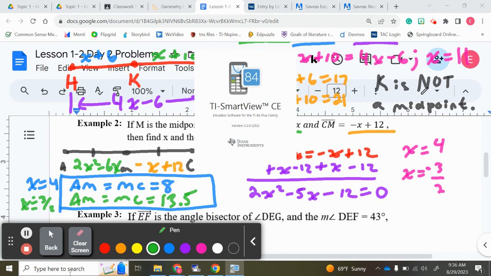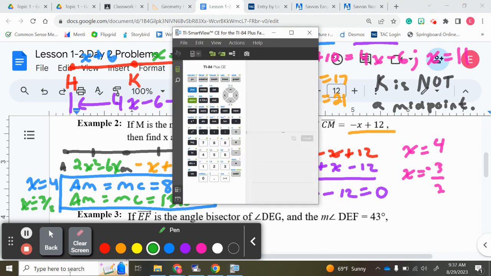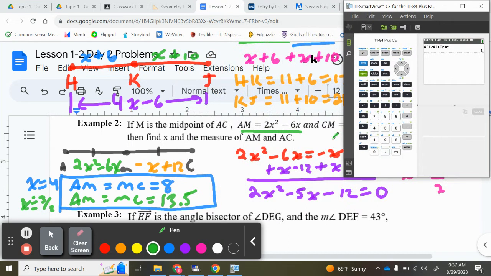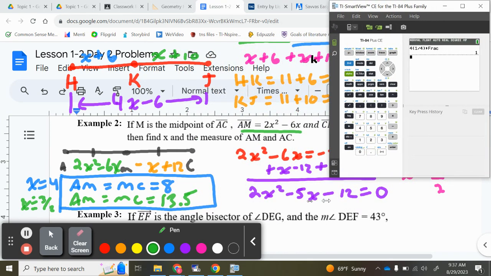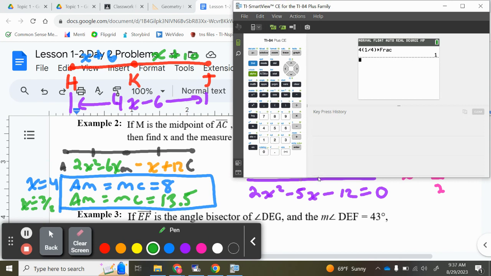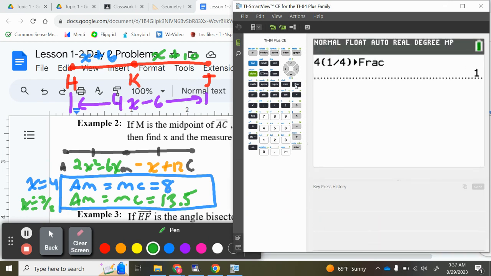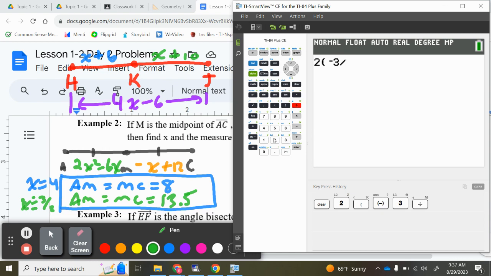If you substitute it in for the green, I'm going to type in 2, parentheses, -3 divided by 2, close my parentheses. I'm going to square it.